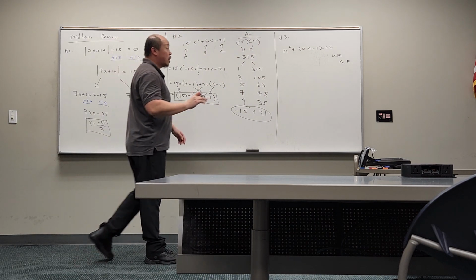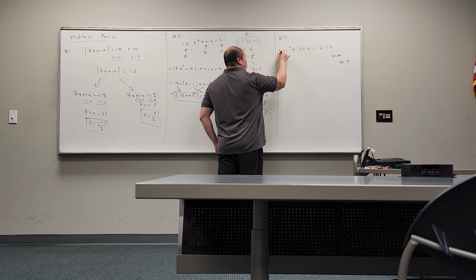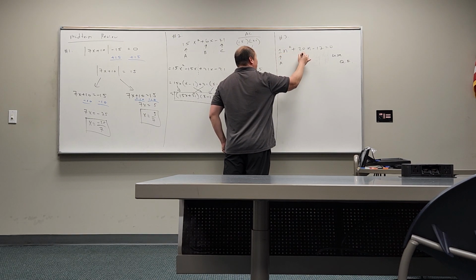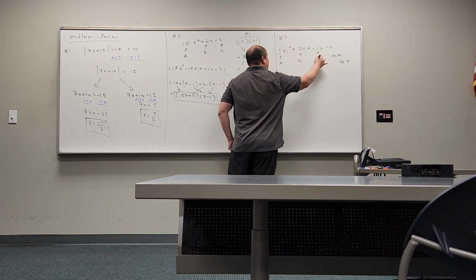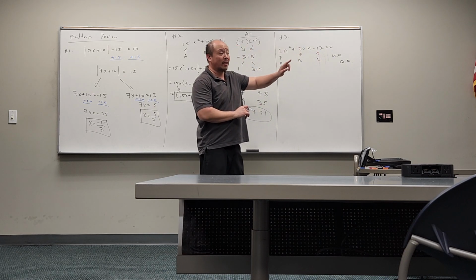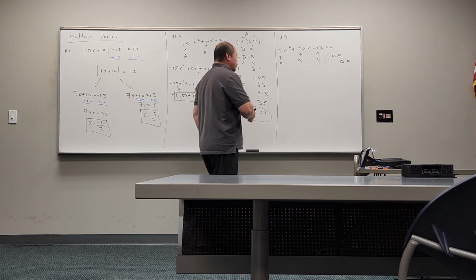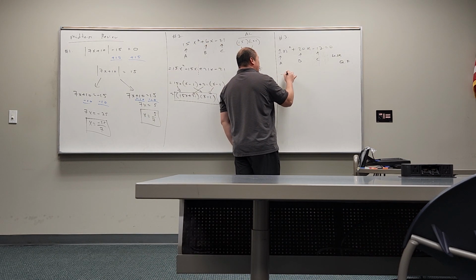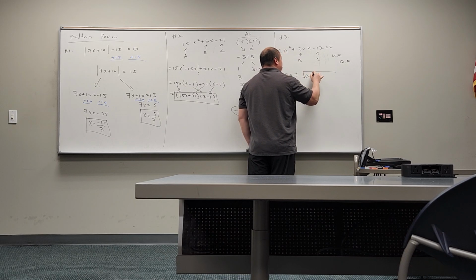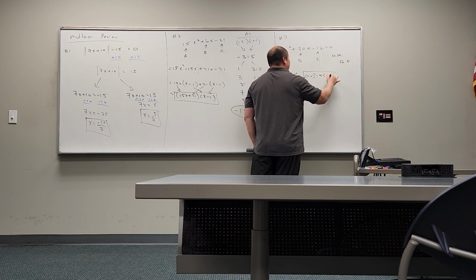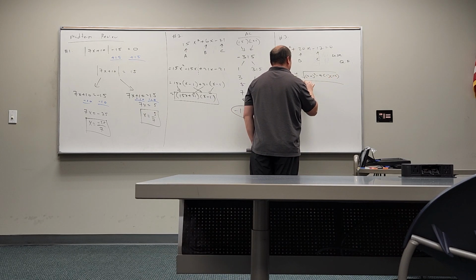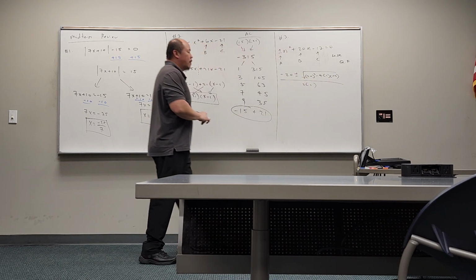I will put a 1 here. That's my A, that's my B, and that's my C, right? Remember, C is negative 12, not just 12. So there will be negative 20, quadratic formula. It will be 20 squared minus 4AC, all over 2A, like this.